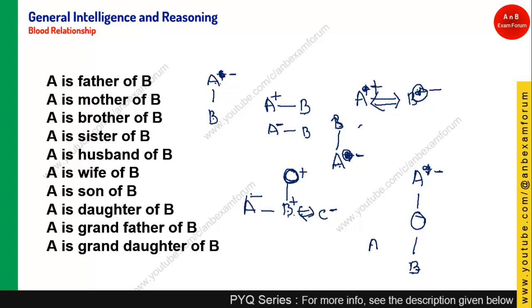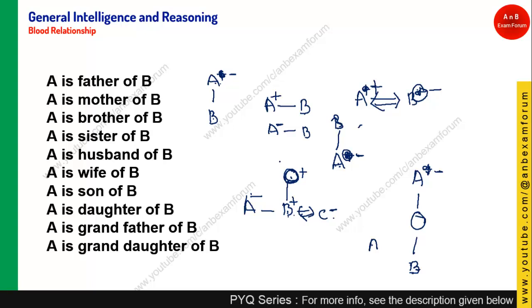This B is the son of this particular male person, so the male will definitely be his father. So this person is father of B as well as A, and C is daughter-in-law of this particular person. In this way you need to deduce it.